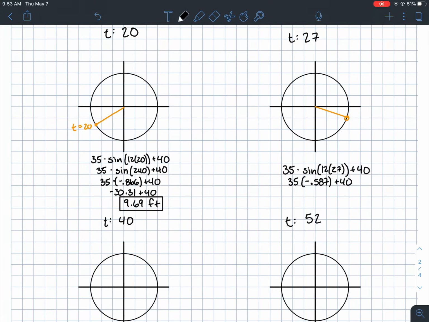Plus our 40. So if we do the multiplication, 35 times negative 0.587, we get negative 20.545. Plus 40.